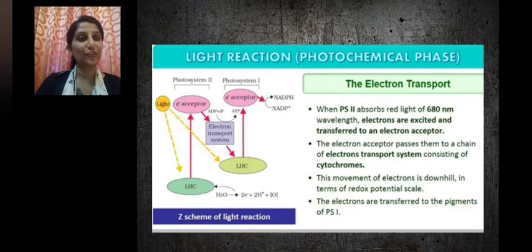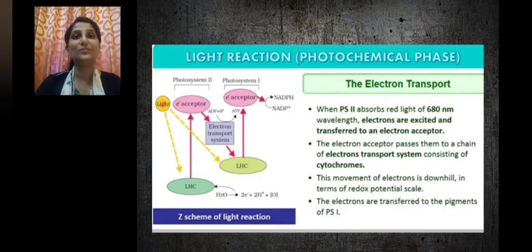The movement of electrons is downhill. We can see that the movement of electrons is downhill when transported through the electron transport system. And what is the reason that it is downhill? Because the arrangement of these cytochromes is in terms of the redox potential scale. Those with greater redox potential are situated on the upper side, whereas those having less potential for redox reactions are placed at the bottom end.